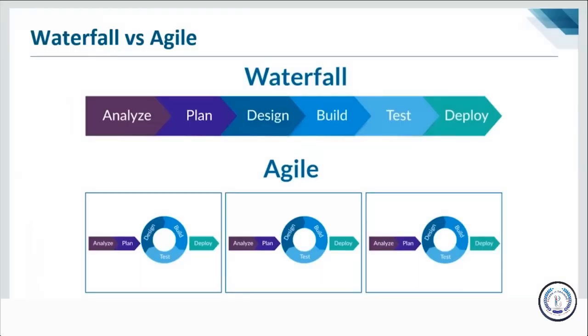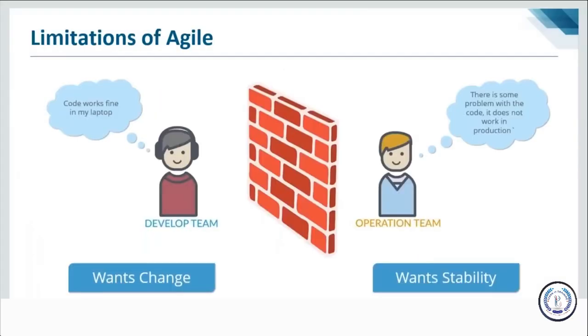Let's move forward and we are going to focus on what are the various limitations of agile methodology. The first and the biggest limitation of agile methodology is that the dev part of the team was pretty agile, right? The development and testing used to happen continuously. But when I talk about deployment, then that was not continuous. There was still a lot of conflicts happening between the dev and the ops side of the company. The dev team wants agility, whereas the ops team wants stability.